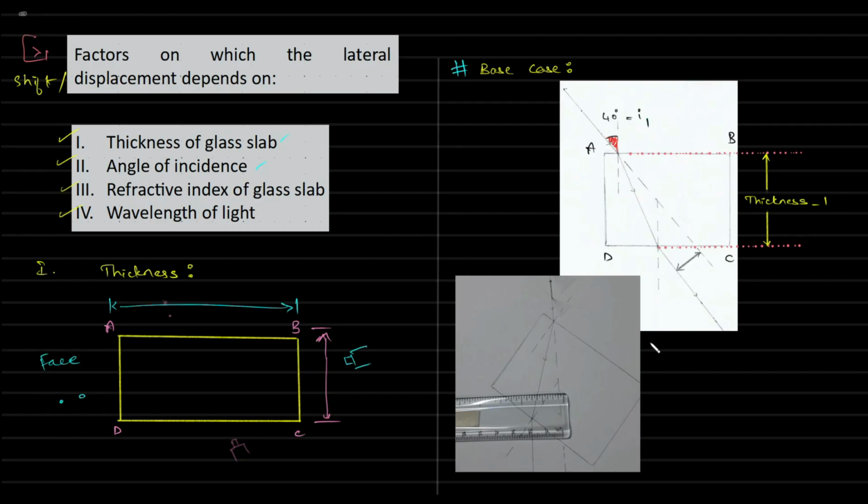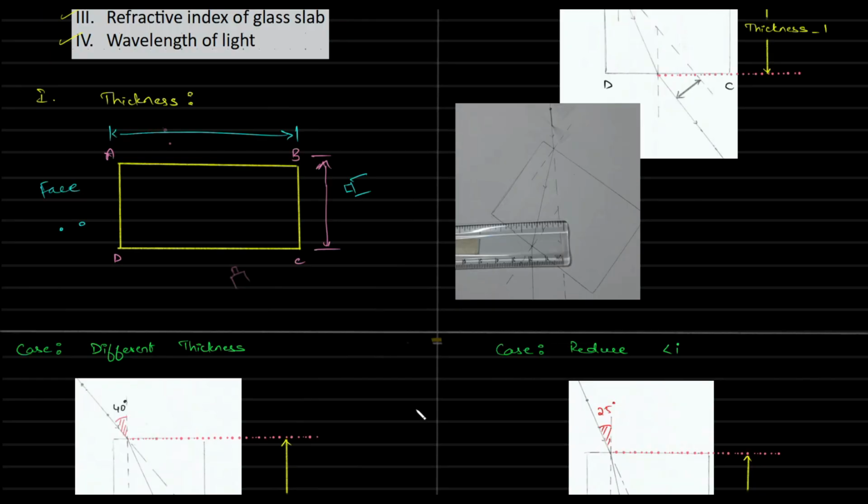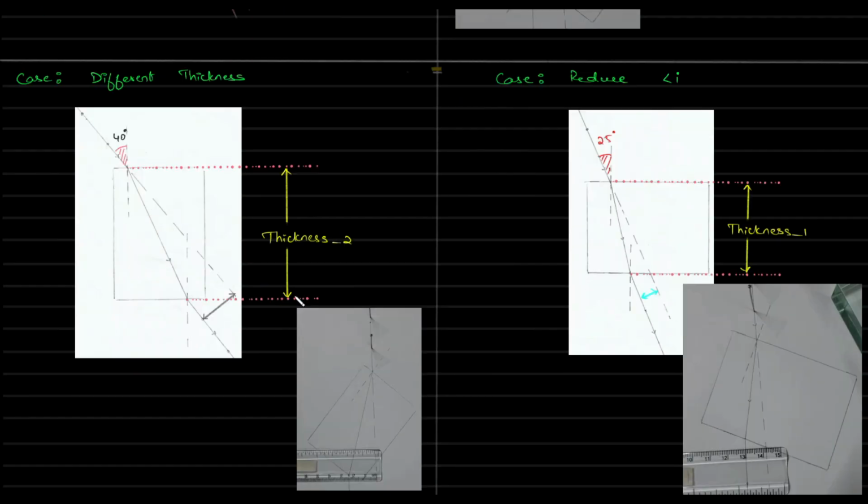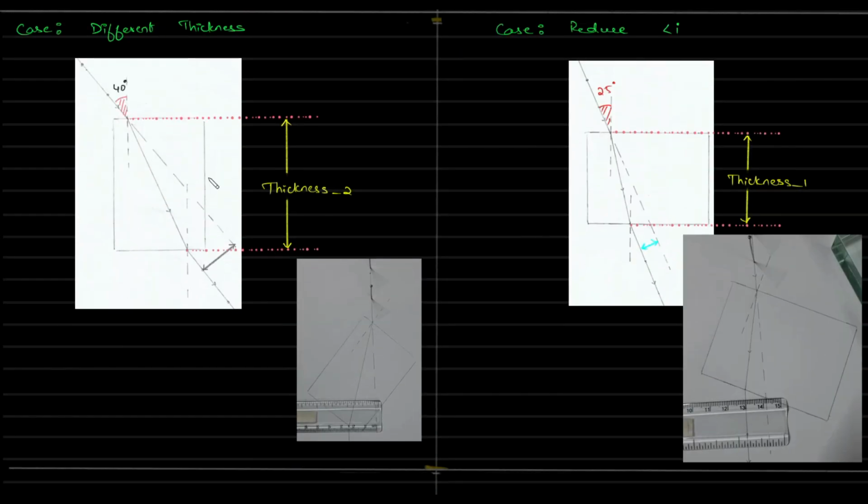So what is the shift? There are shifts in three different cases. I'll explain what is happening, and we'll measure the shift later. This is the base case. We have angle of incidence 40, and B to C is your thickness. In case 2, I'm varying the thickness. I'm keeping the same angle of incidence, so the angle of incidence remains the same, but the thickness is changing.